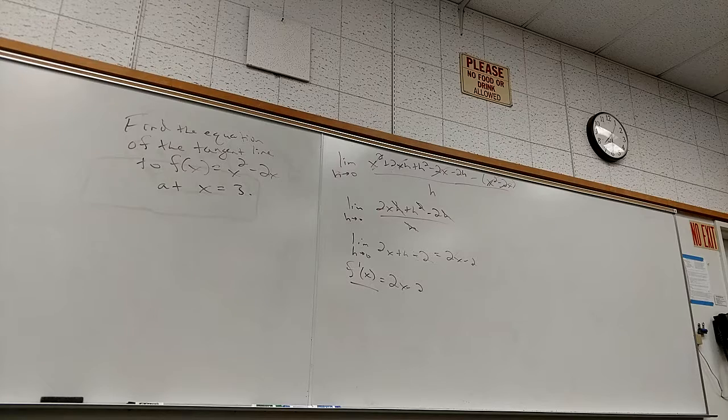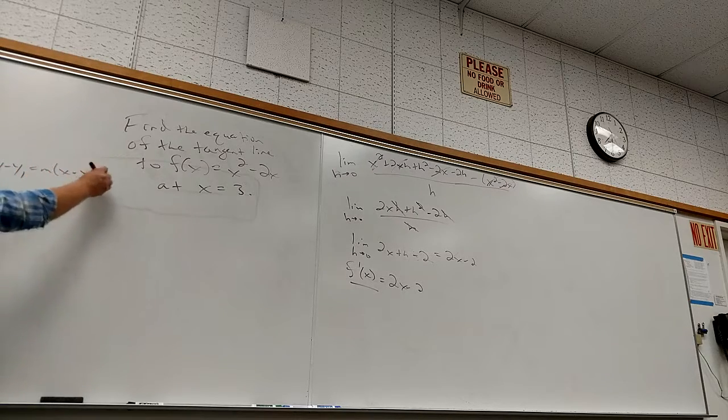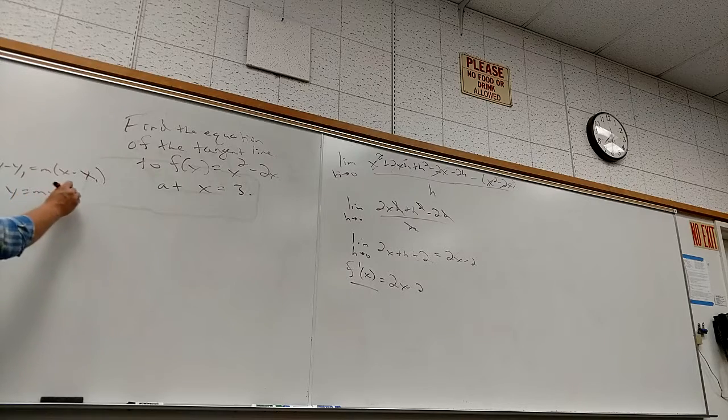Find the equation of the line that does such and such. What did you need to figure out to find the equation of a line? Point and the slope. Right? Because then I could do y minus y1 equals m times x minus x1. Or hopefully everybody knows how to use y equals mx plus b and figure out what b is, if you don't know what the y-intercept is.